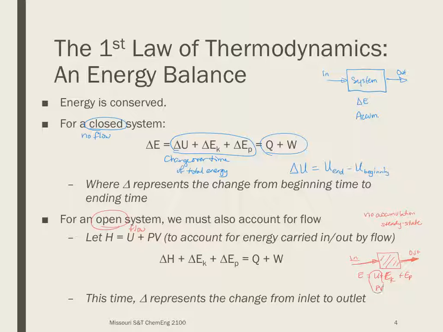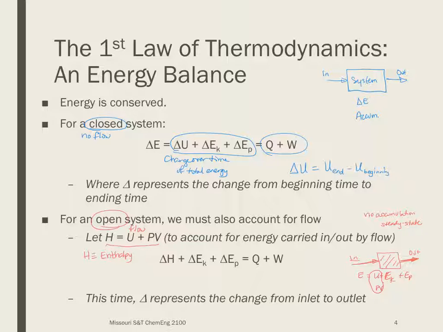But U plus PV show up so often that they are defined separately as H equals U plus PV, where H is defined as enthalpy. Whenever you see an equal sign with an extra bar, that means it's true by definition. So H is defined as enthalpy, and it's U plus PV.